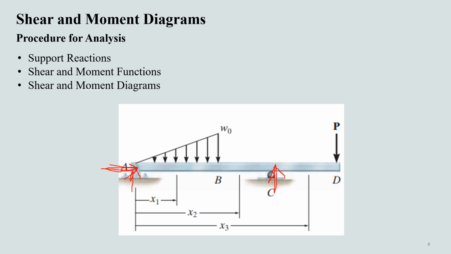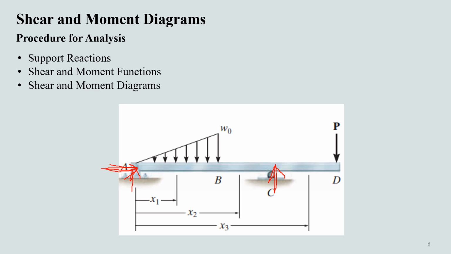With that said, the next step is specifying the shear and moment functions. For this purpose, we have to specify separate coordinate axes having an origin at the beam's left and extending to regions of the beam between concentrated forces and or couple moments, or where there is no discontinuity of distributed loading.